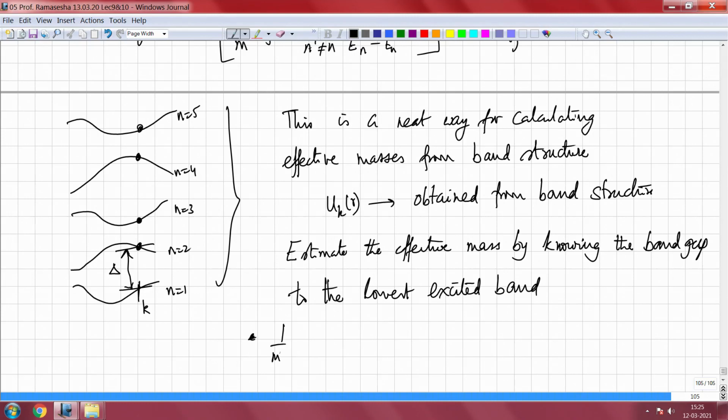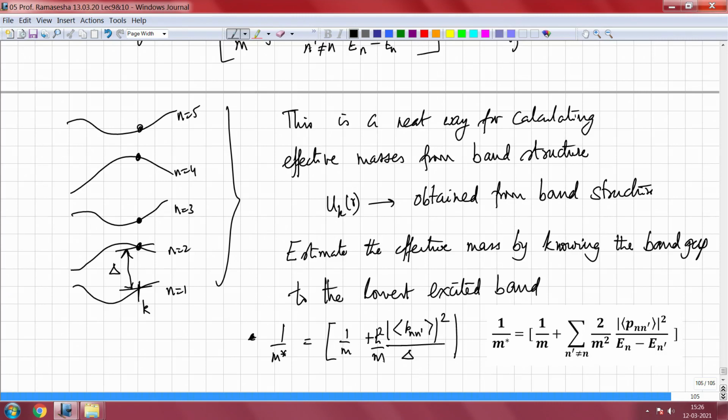1 by m star is equal to 1 by m plus p n n prime squared divided by delta times h cross squared by m.